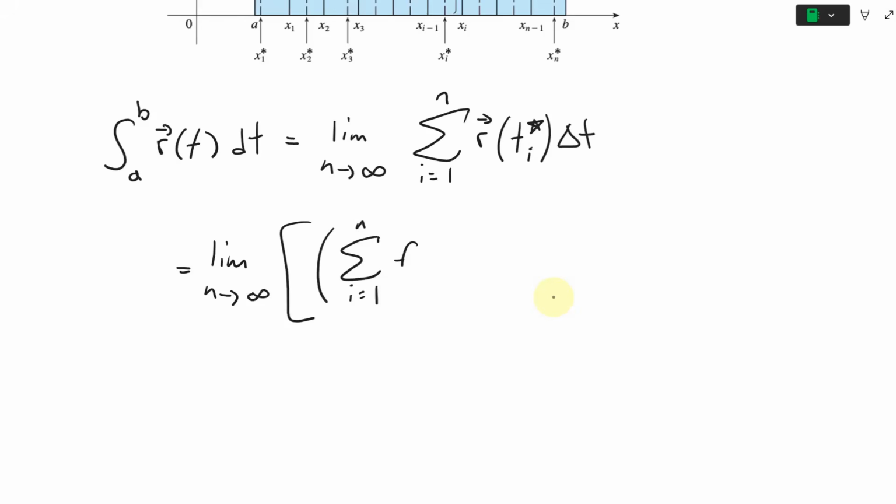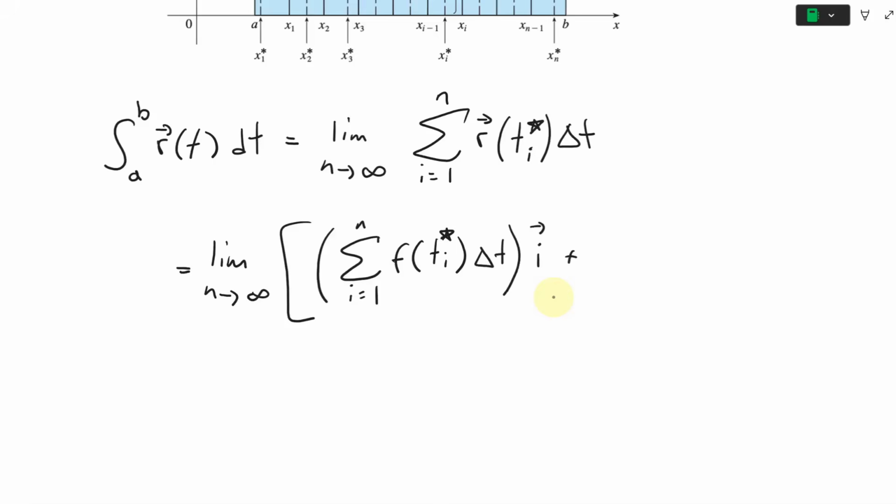This is the x component right here. All right, f of ti star, and then delta t, and then this would be like a big bracket there. And then i is the i component.